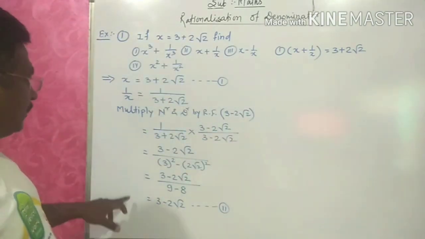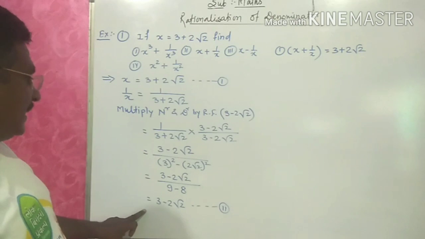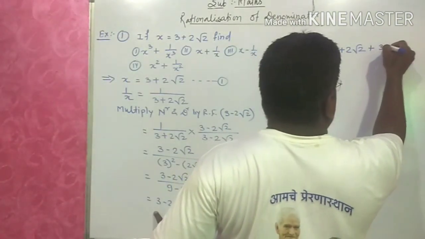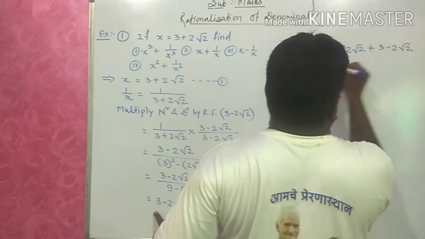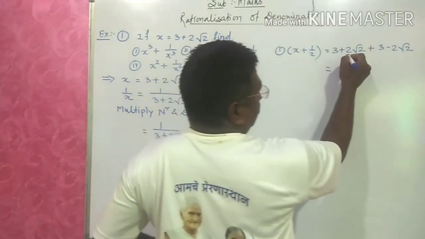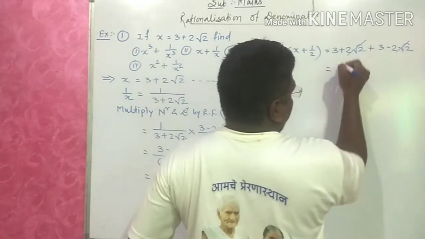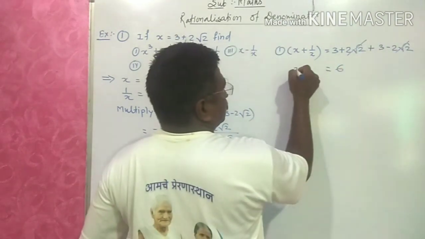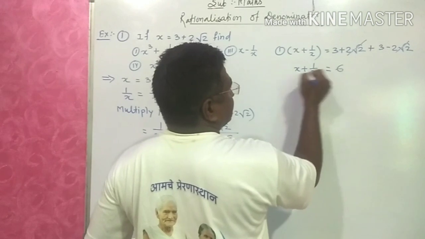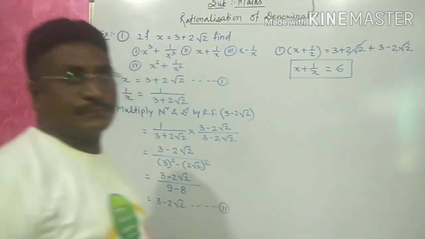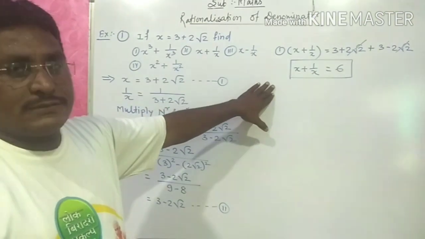Then what is the value of 1 by x? Plus 3 minus 2 root 2. So what will we get? Plus 2 root 2 minus 2 root 2, this cancels. So what is it? 6. So x plus 1 by x, what we got? 6. Hope you understand, student, this.